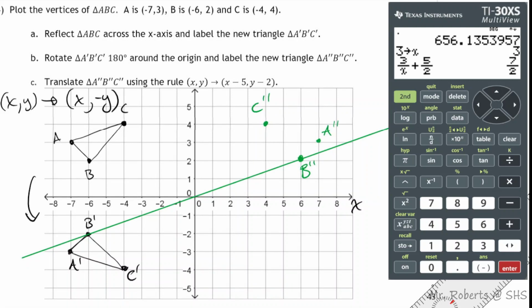So actually, I think I've got this rule mapped out in mind. If I'm going to rotate 180 degrees either direction, the X, Y is just going to become the opposite. Whatever X is, it's going to become the opposite of that, and whatever Y is, it's just going to become the opposite of that.